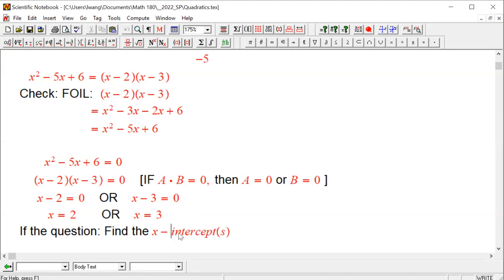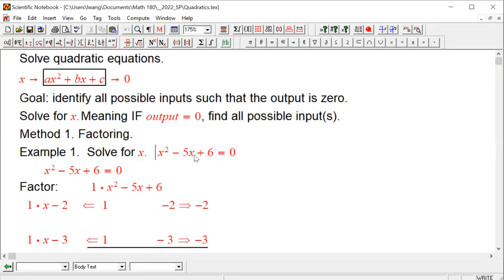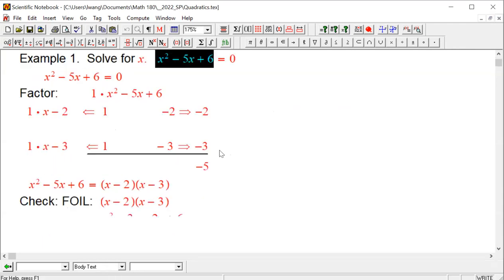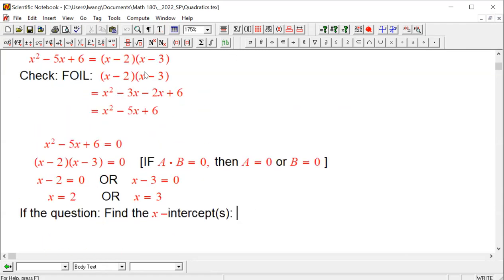If you're asked to find X-intercepts for this function, like you have seen those examples before, where they might say, find the X-intercepts for this function.